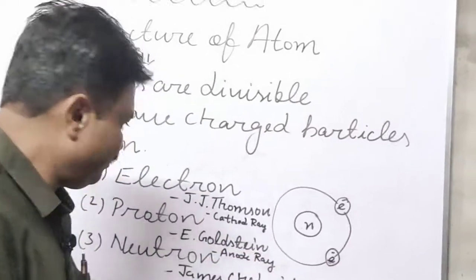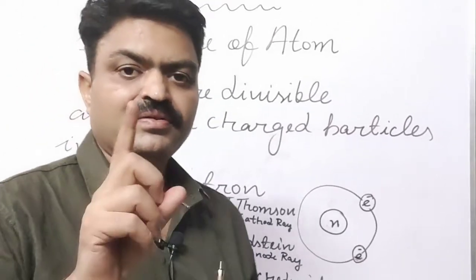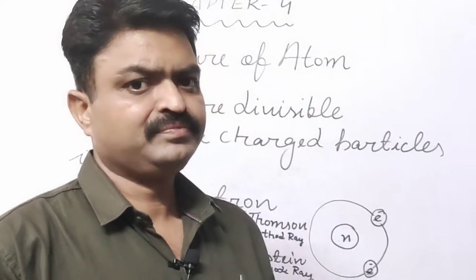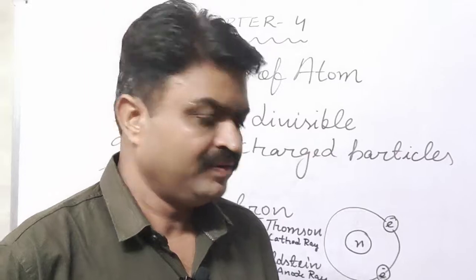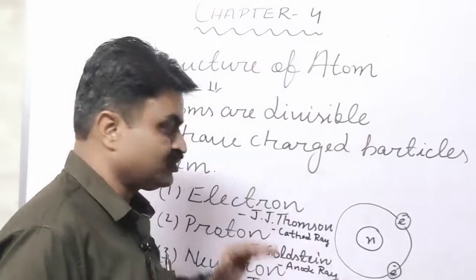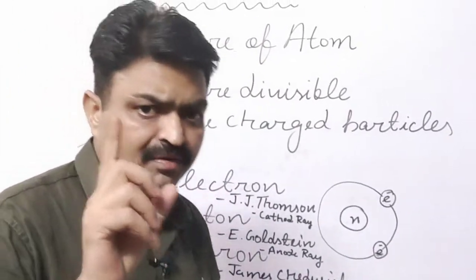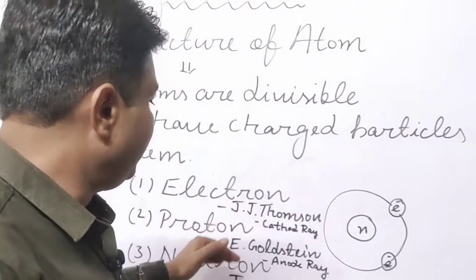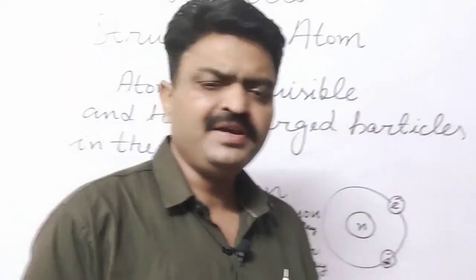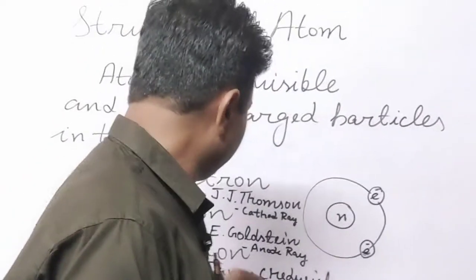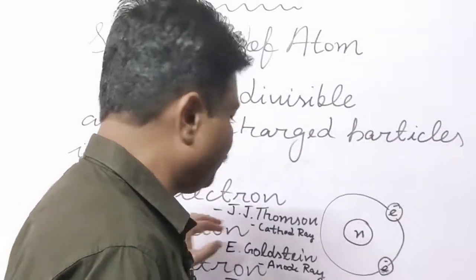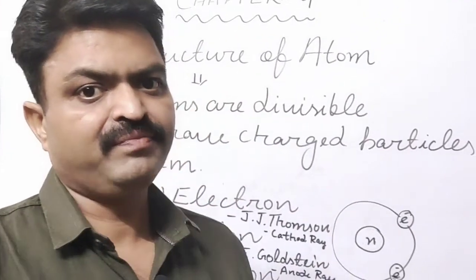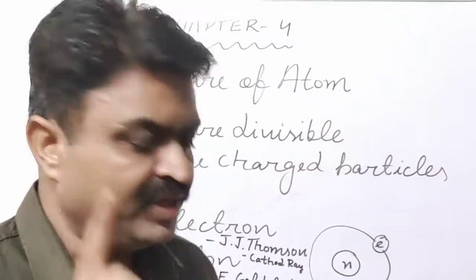Now we come to the next. Another subatomic particle found in the atom is proton, student. Proton was discovered by E. Goldstein, and he discovered this proton with the help of anode rays, student. What will you learn? Anode rays.